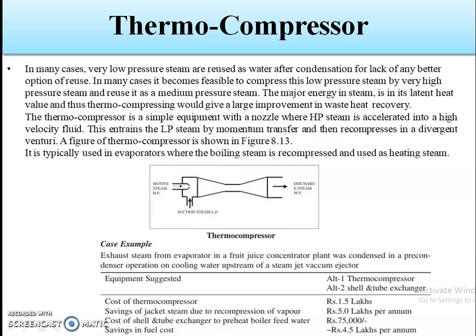The thermocompressor is a simple piece of equipment with a nozzle where high pressure steam is accelerated into a high velocity fluid. This entrains the low pressure steam by momentum transfer, and it is then recompressed in the divergent venturi. A figure is shown for the thermocompressor. It is typically used in evaporators, where the boiling steam is recompressed and used as heating steam.